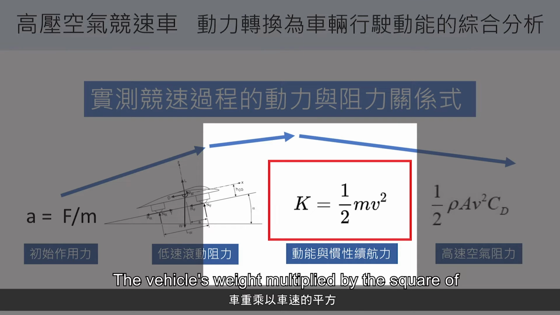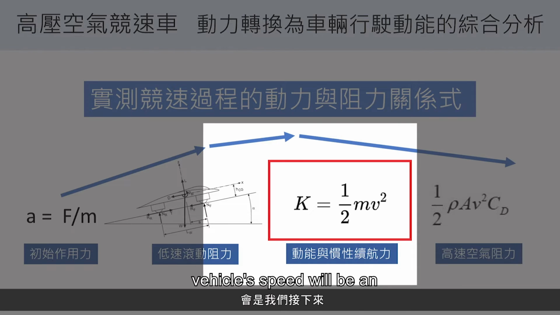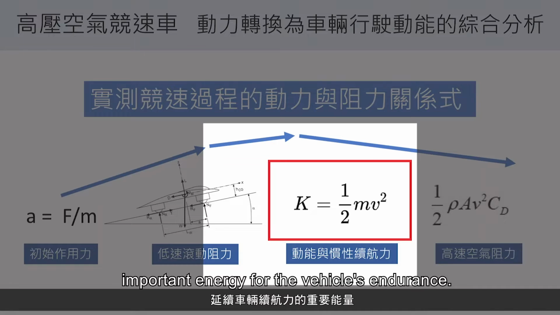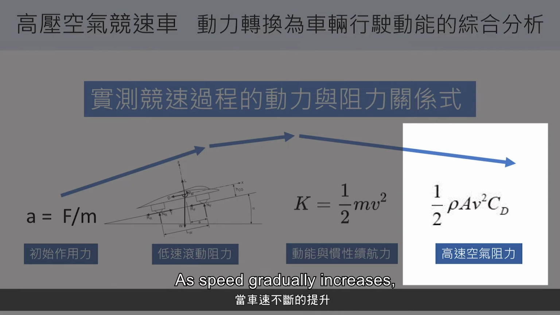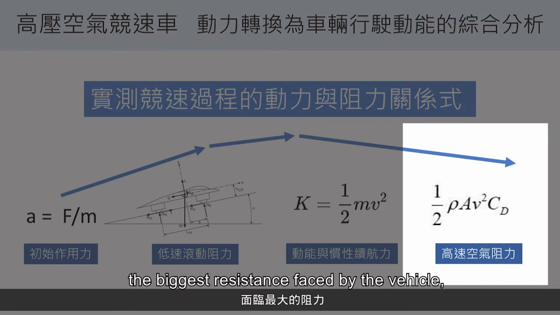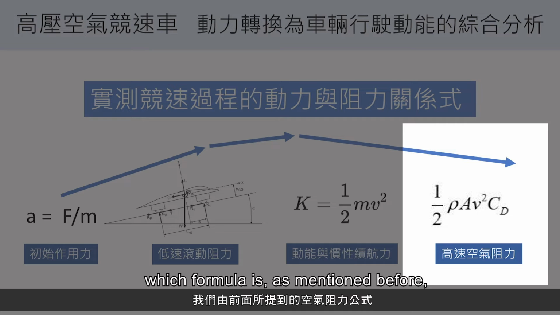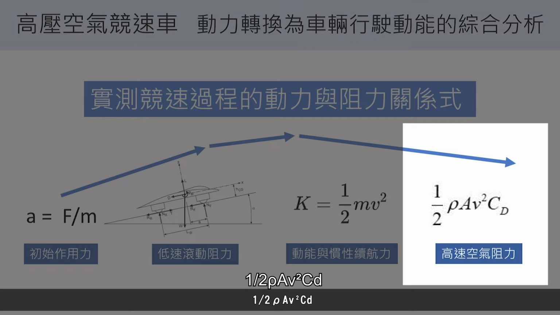The vehicle's weight multiplied by the square of vehicle speed will be an important energy for the vehicle's endurance. As speed gradually increases, the air resistance will be the biggest resistance faced by the vehicle, which formula is, as mentioned before, rho times A times V squared times CD divided by 2.